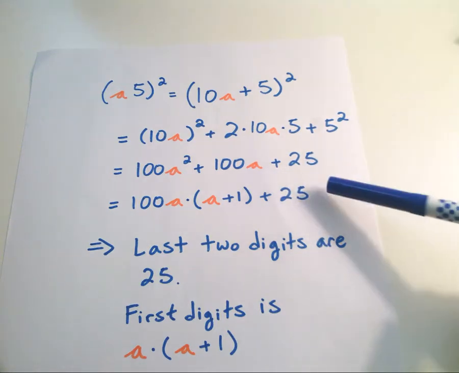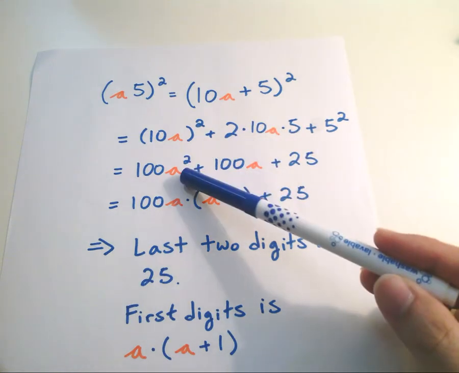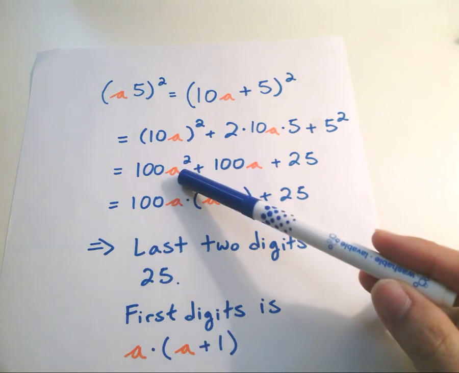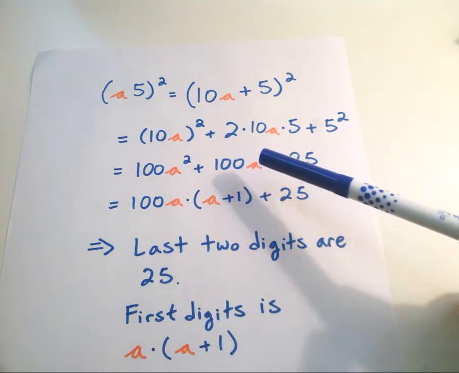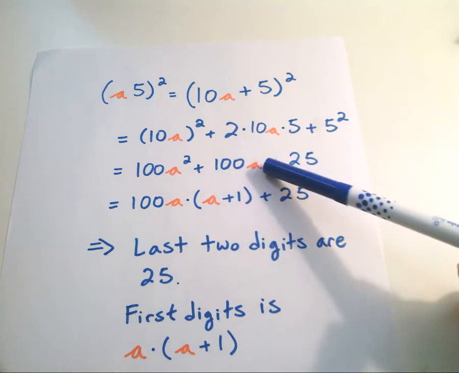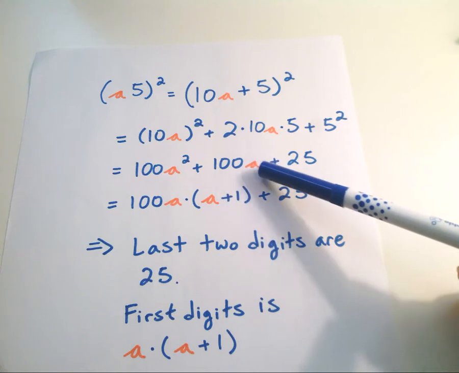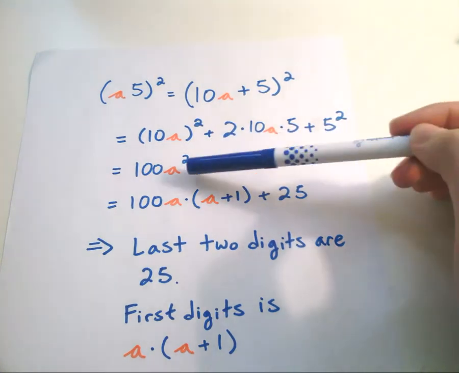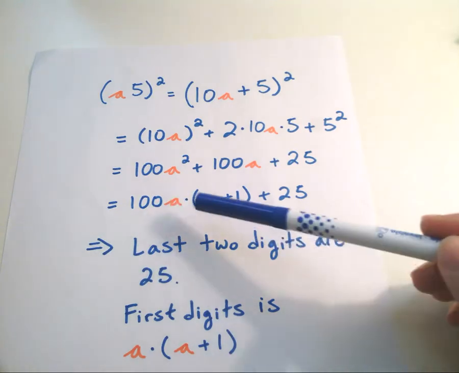Further, to get to the last step, we can note that 100a squared and 100a both share 100a. So this means we can factor out 100a from this term and 100a from this term. So if we factor out 100a from this term, we have 100a times a.